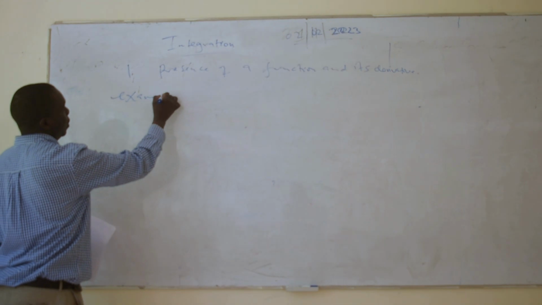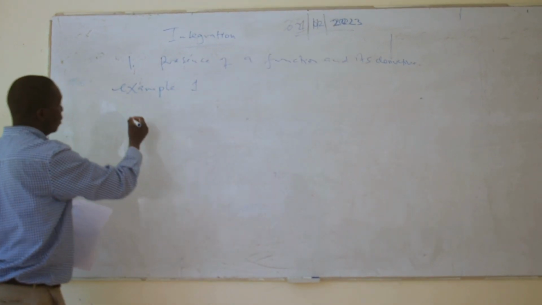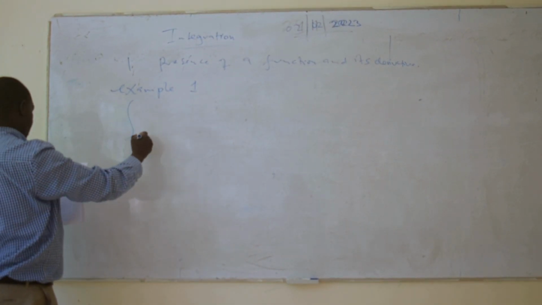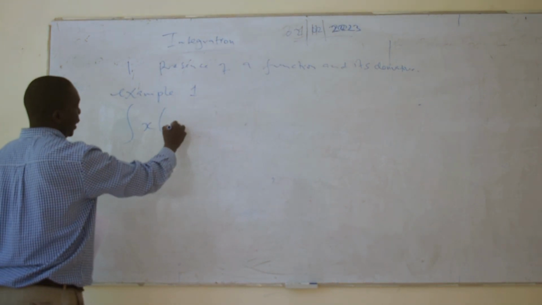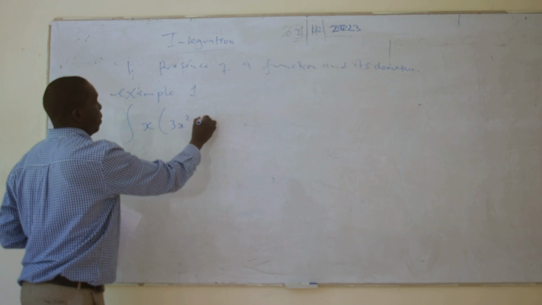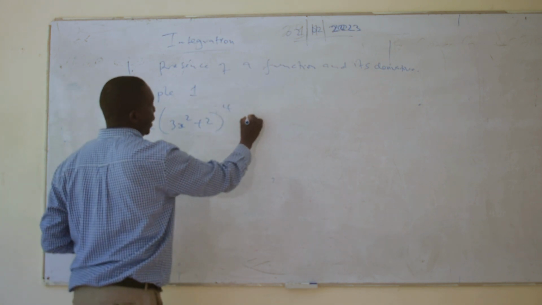Example 1. Integrate x (3x squared plus 2) raised to the power 4 dx.